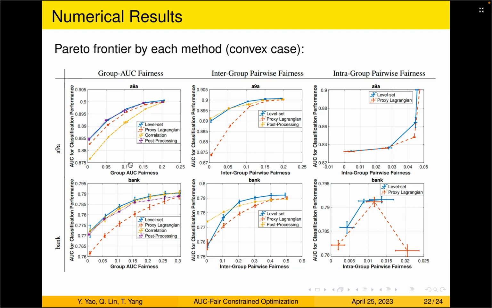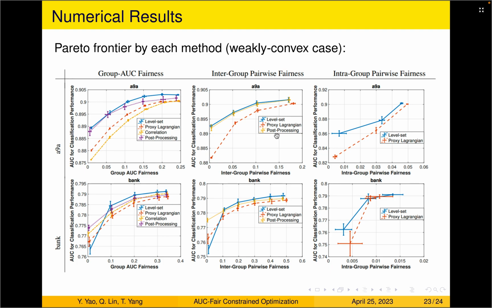Here these three columns represent three fairness constraints, and from these results we can observe that most of the time our algorithm has better performance than the baselines. Our algorithm is level set, the blue line. Similarly, for the weakly convex case, we can also observe similar results.